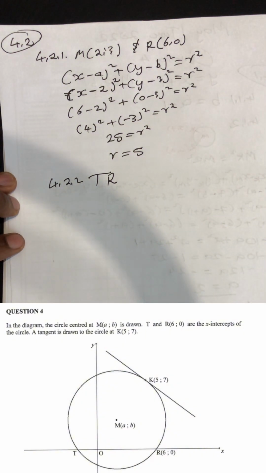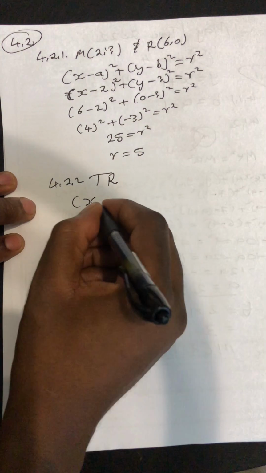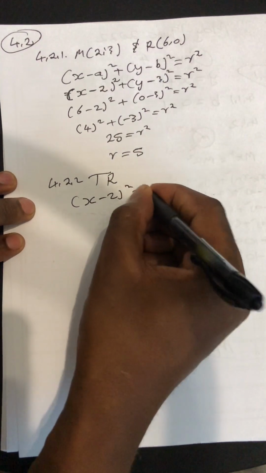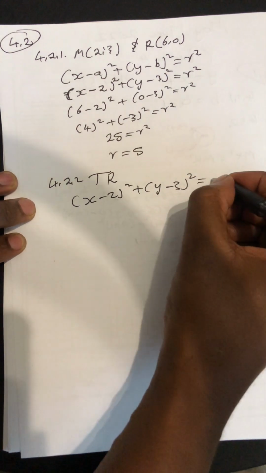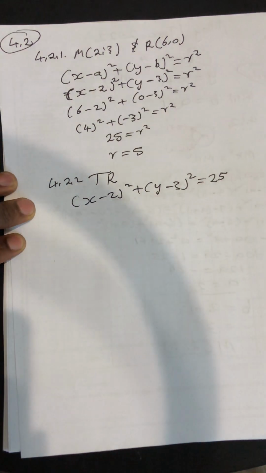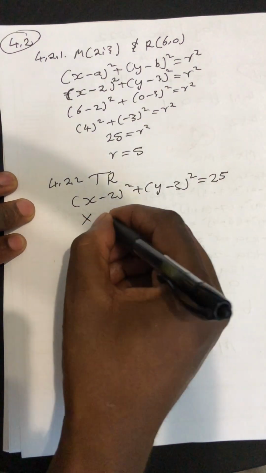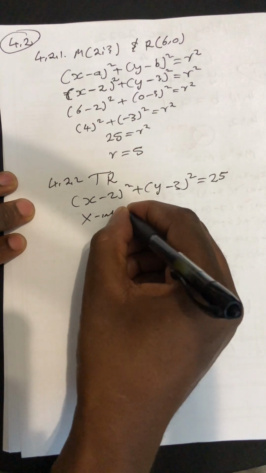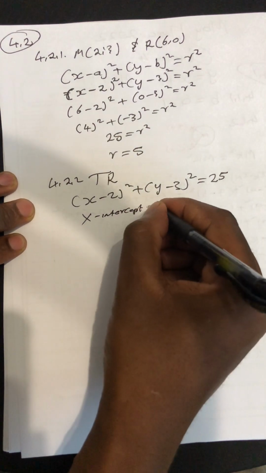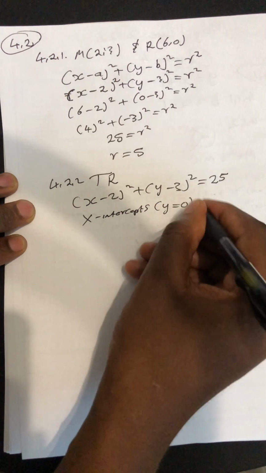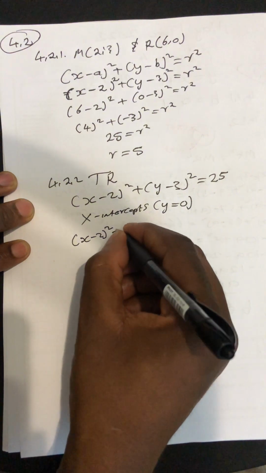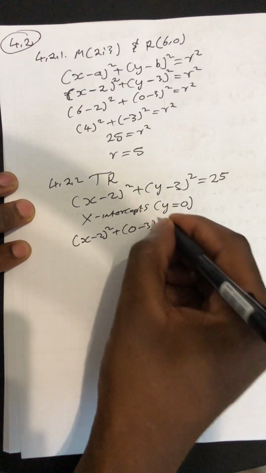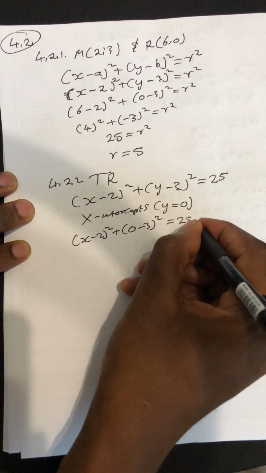Let's write down the equation of this circle. We know that the equation of this circle is (x minus 2) squared plus (y minus 3) squared is equal to 25. This is the equation of the circle. So let's calculate the x-intercept here. Let y be equal to 0. Then we're going to have (x minus 2) squared plus (0 minus 3) squared is equal to 25.